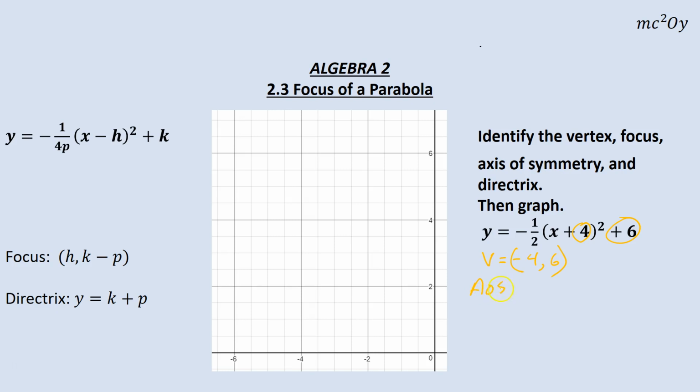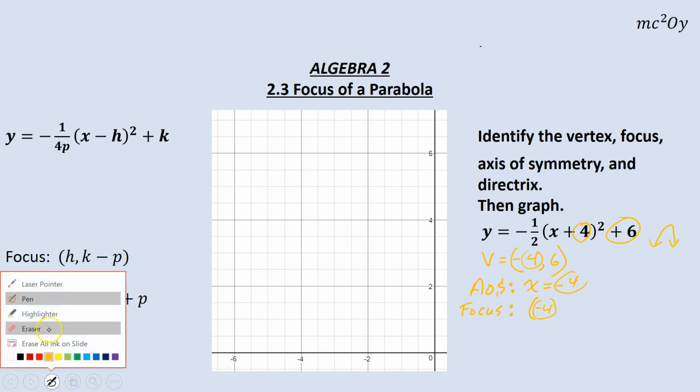Axis of symmetry: since it's a negative a, it's opening down. So its axis of symmetry is still going to be x equals negative 4. And if you recall from our last one, our focus had the same x value here, here, and here. So this is also going to be negative 4.